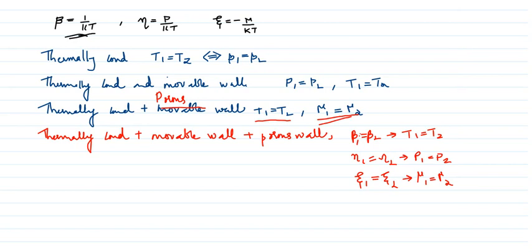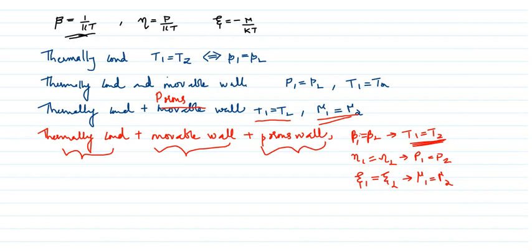Okay. Now in general, if your wall is thermally conducting, flexible, as well as porous, then all these three conditions have to be satisfied to be in equilibrium. That is, beta 1 should be equal to beta 2 should be equal to beta 3 and so on, just like your temperature.